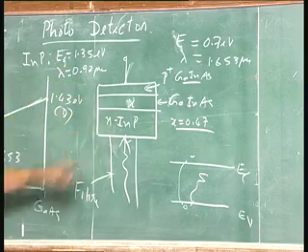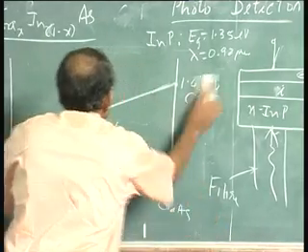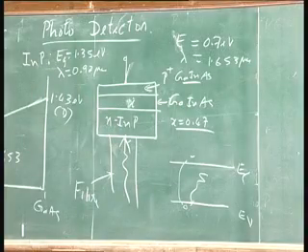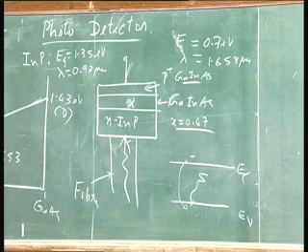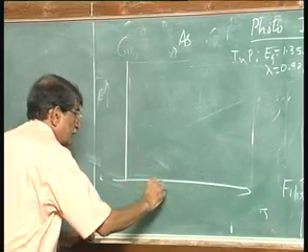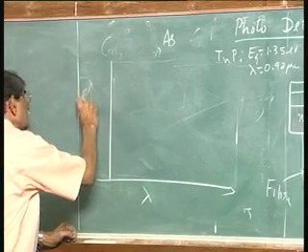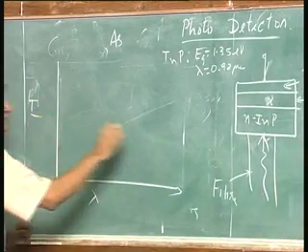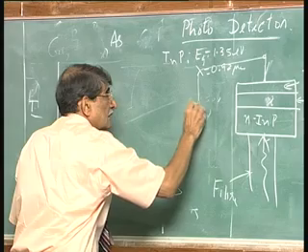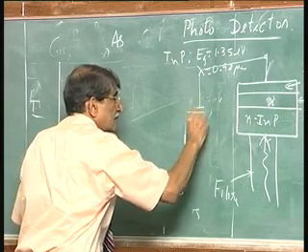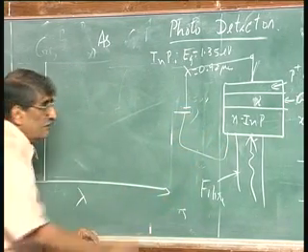Okay. What we are telling is, quickly putting that diagram, if I see lambda versus current, if I connect it up like this, reverse bias like this, there will be current versus lambda.